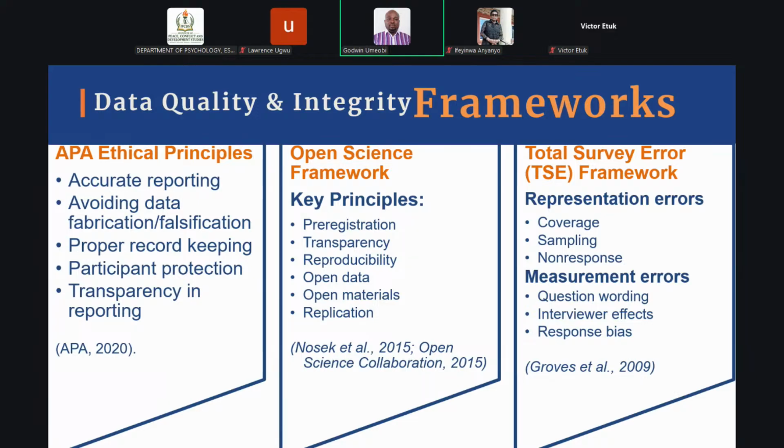And we have the Open Science Framework that emphasizes key principles like pre-registration, transparency, reproducibility, open data, open materials, replication, and all that. That's from the Open Science Collaboration, from the leading work of Nosek in 2015. And we have the total survey error.